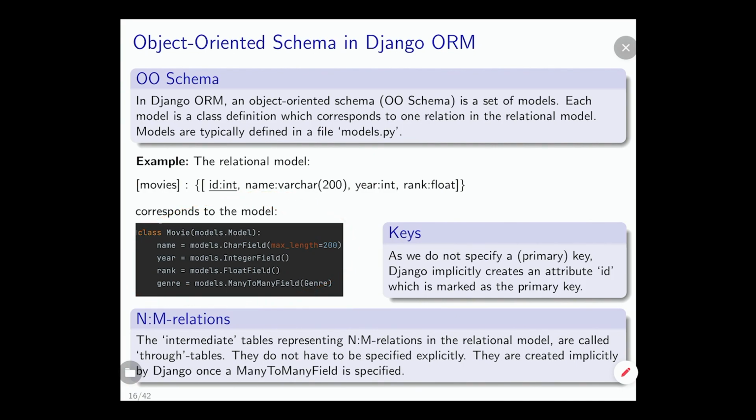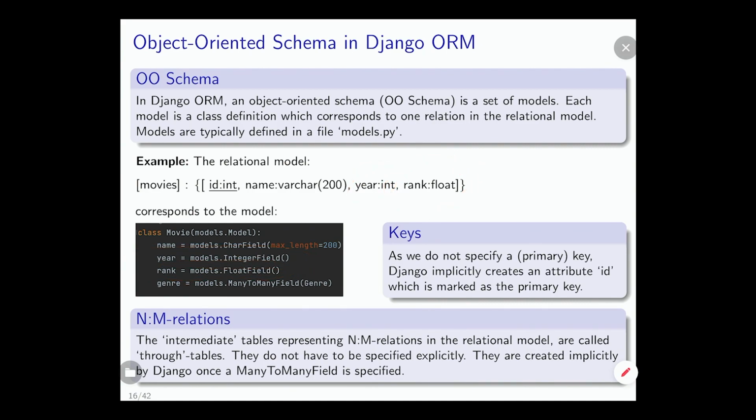For each attribute name, you say, that's the attribute name, and that equals models dot, then comes the type, and then some details. That's it. For year, you just say that's an integer field, just like here. For rank, that's a float field, just like here, and so forth.